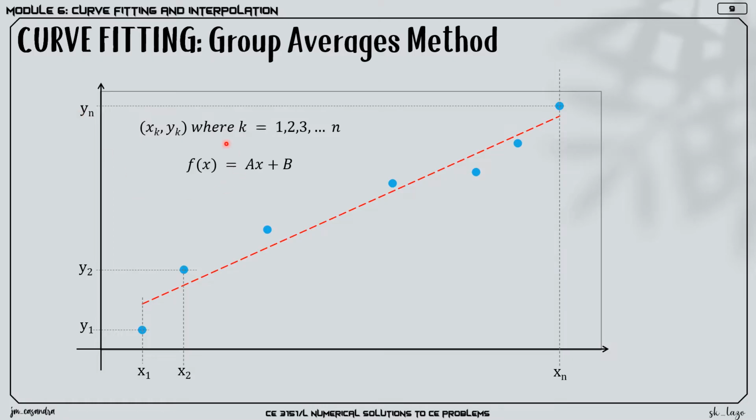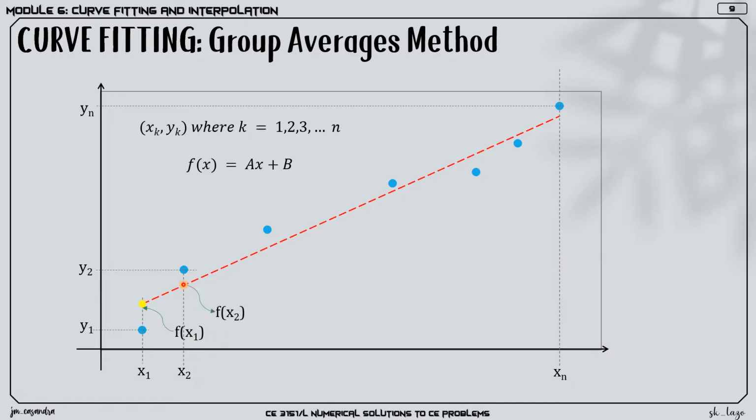And since f of x is what we call our y, which is an approximation based on the value of x, we take the point intersecting x1, x2 until xn with our approximated line as the function of x sub 1.